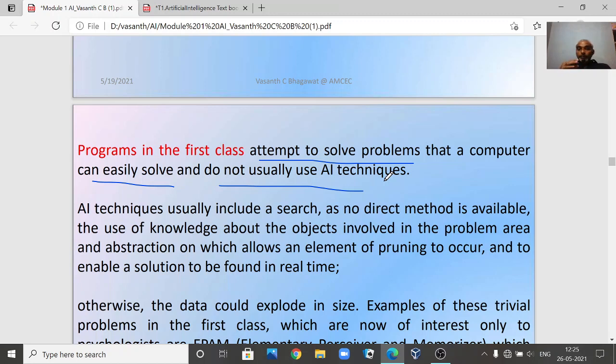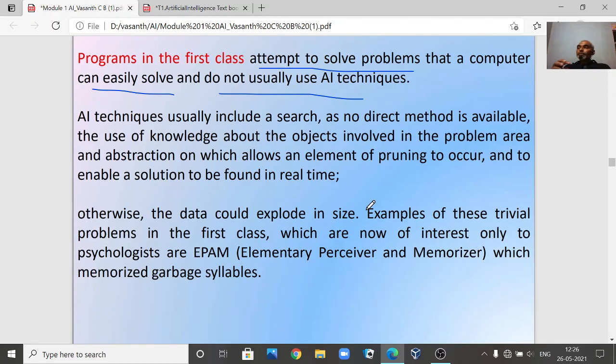So in an AI technique, if no direct method is available, you use search, and you use knowledge about the objects involved in your program area, and abstraction. If you just want to solve a problem because our computer is very fast, can you build your program without using AI? Or do you really want to solve problems better than what human beings are doing?